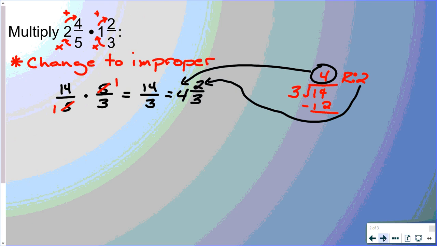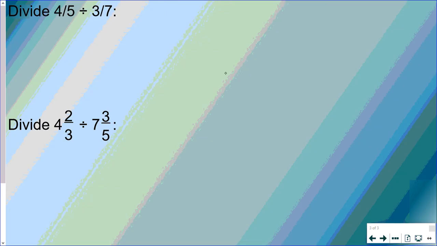All right, so let's look at division. Dividing fractions is kind of an interesting thing. The way that we divide fractions is by actually changing it into multiplication. So we have 4/5 divided by 3/7. And the way that I teach this is a method called keep, change, flip.